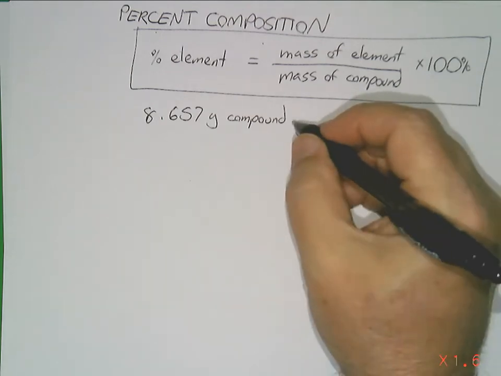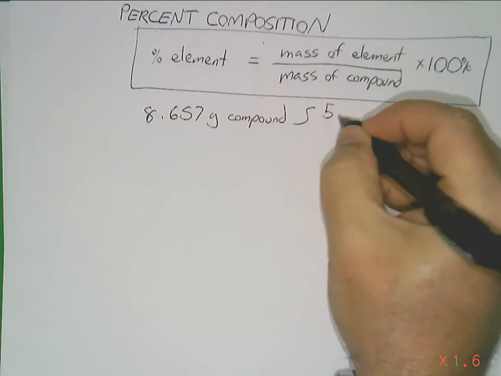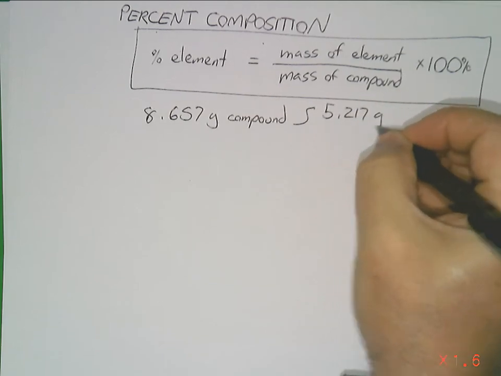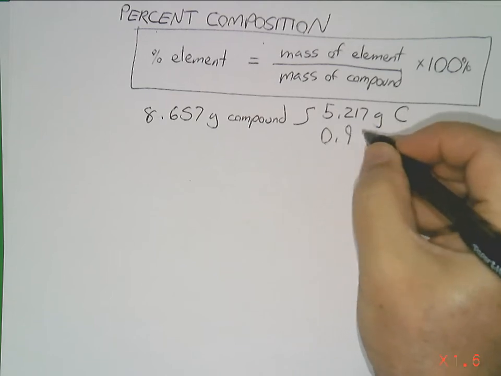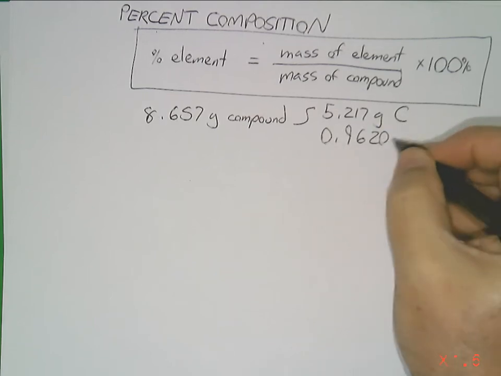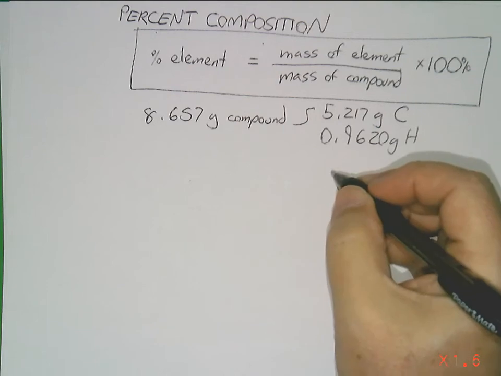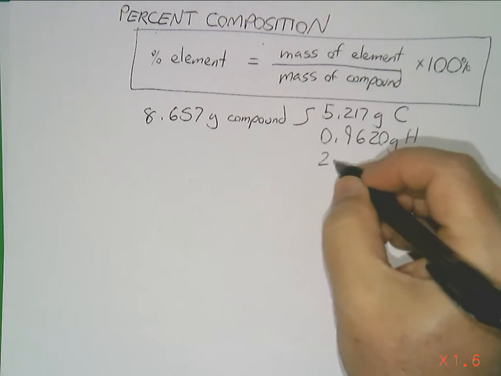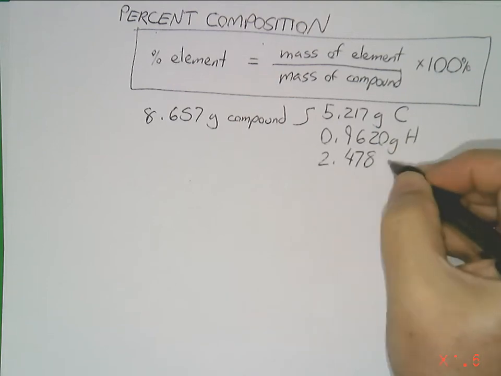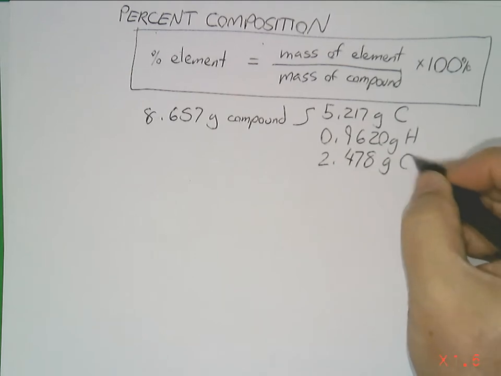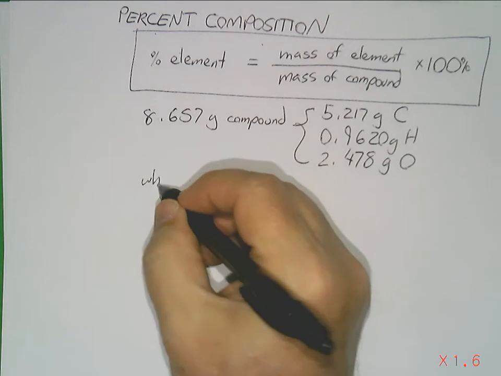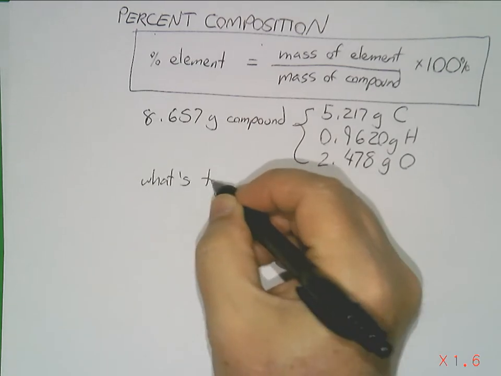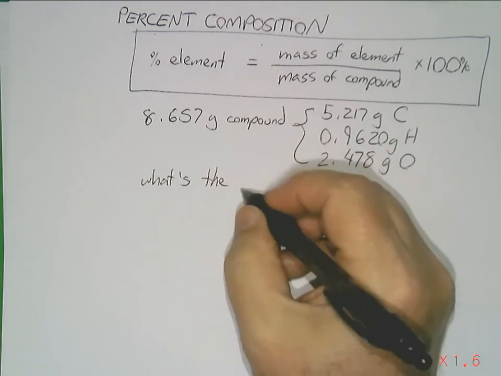I get from that 5.217 grams of carbon, 0.9620 grams of hydrogen, and 2.478 grams of oxygen. And I want to know what's the percent composition of this compound.